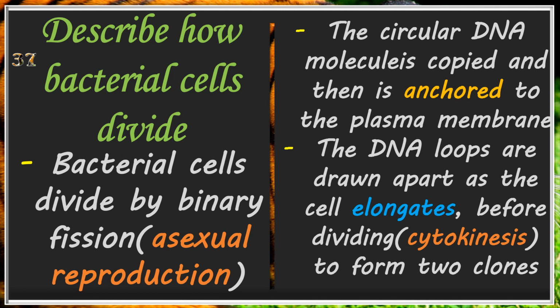The DNA loops are drawn apart as the cell elongates before dividing, what we call cytokinesis, and it forms two clones.